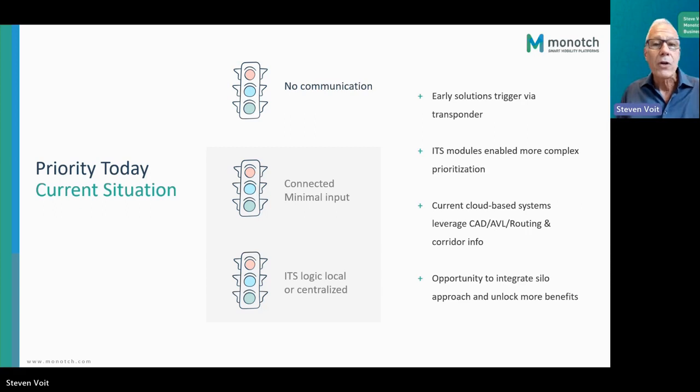With the introduction of more capable ITS modules, more complex prioritization can occur, and those decisions were then made at the roadside or possibly in a centralized location. Today's systems are very advanced. They are cloud-based.